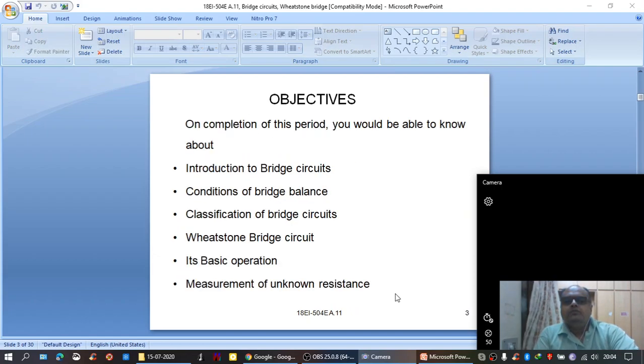So, we are going to discuss in today's class the introduction to bridge circuits, conditions for bridge balance, classification of bridge circuits, the Wheatstone bridge circuit, its basic operation, and measurement of unknown resistance.